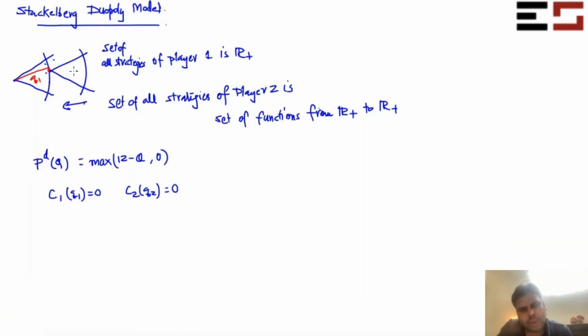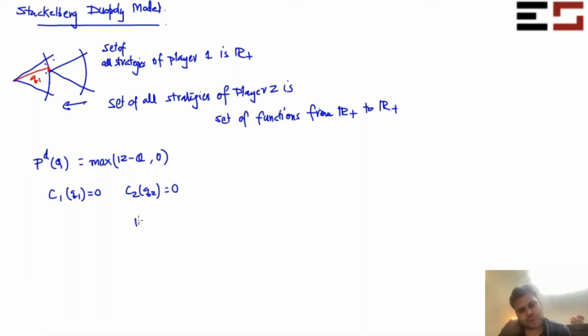Suppose he observes q1. Player 2 is going to choose exactly his best response. So we know how to figure out the best response function.